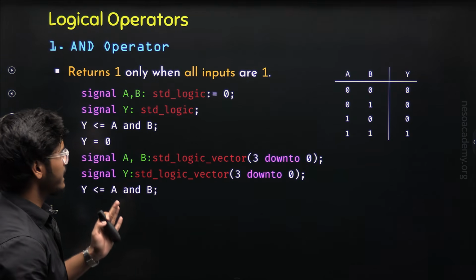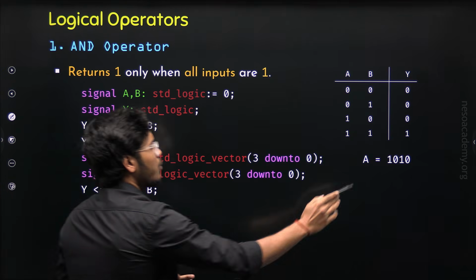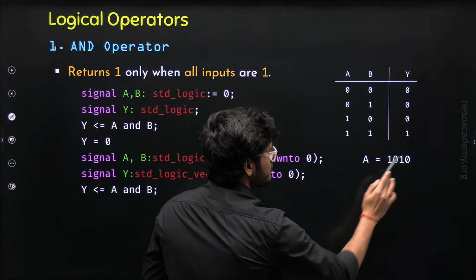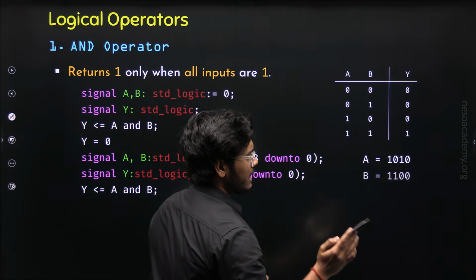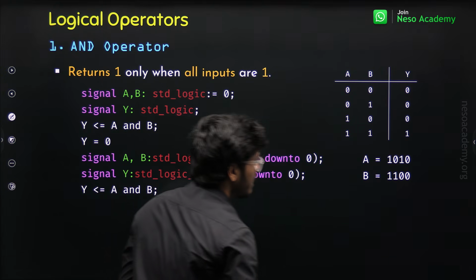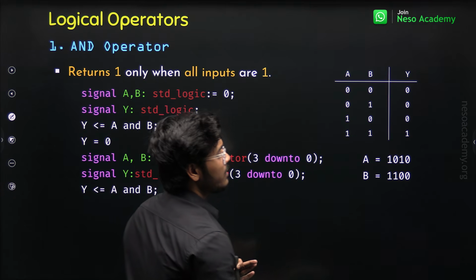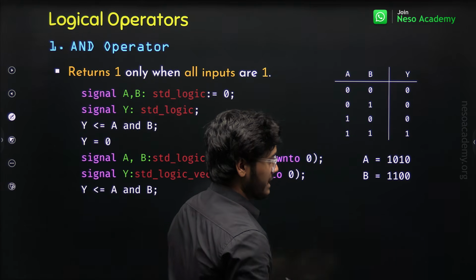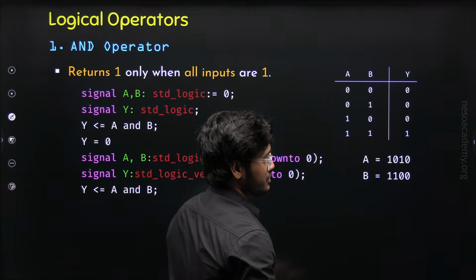Now assume A as 4-bit vector 1 0 1 0 and B another 4-bit vector 1 1 0 0. The logical operator will perform bitwise operation, means bit by bit operation.